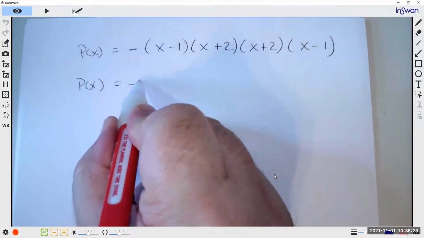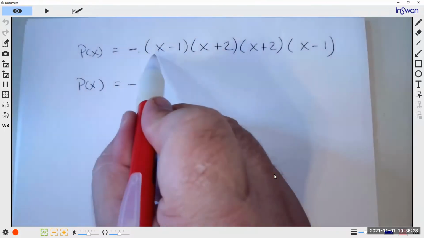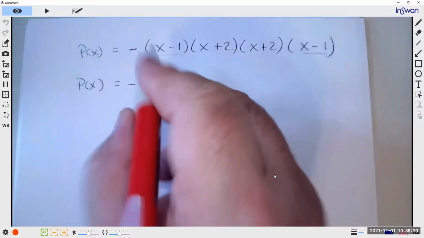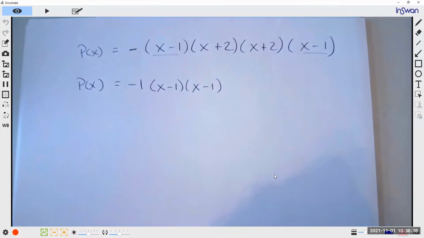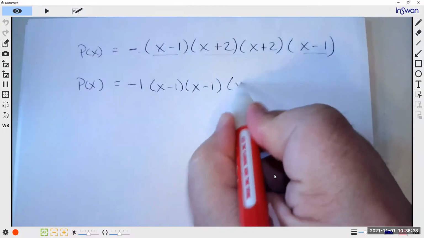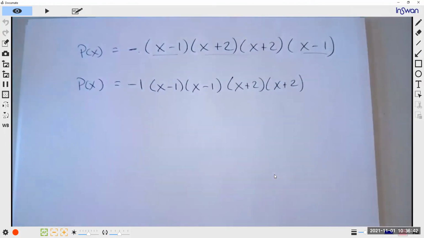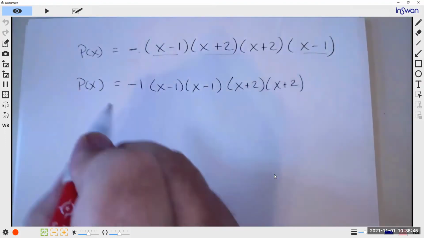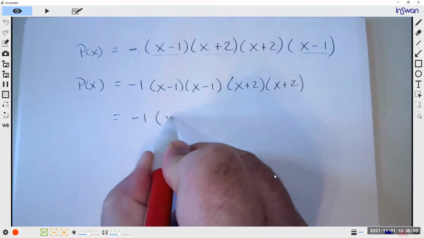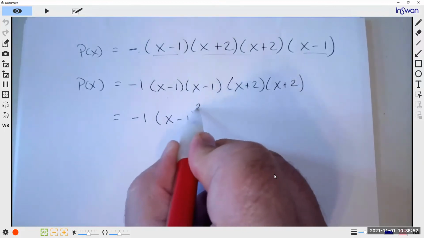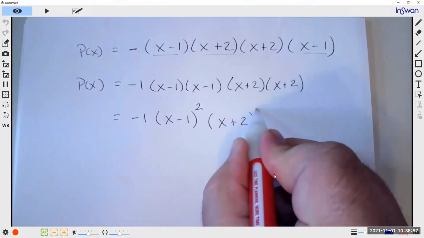It's actually a -1. Since there's nothing there, it's a -1. X minus 1, I have 2 of those. And we have 2 x plus 2's. So rearrange your terms if you have to, so they're paired up together. So we have -1, x minus 1, there's 2 of them, x plus 2, there's 2 of those.